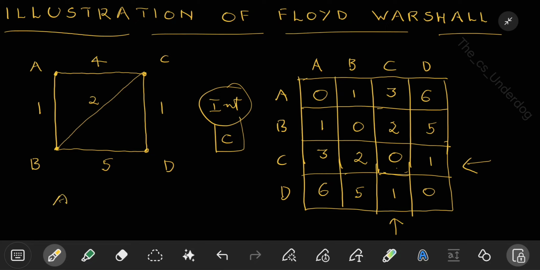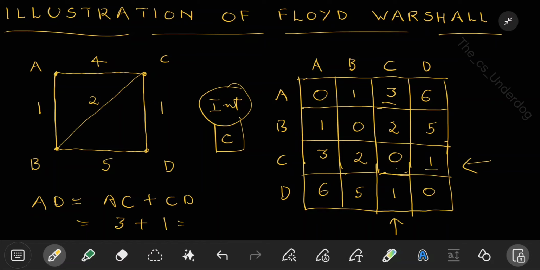If you take AD, ideally you should not skip anything. Here I'm just skipping because it's visibly skippable and we should not drag this lecture very long, right? So this will be AC plus CD. I just want to show you where the changes are happening. AC is 3 plus CD is 1.